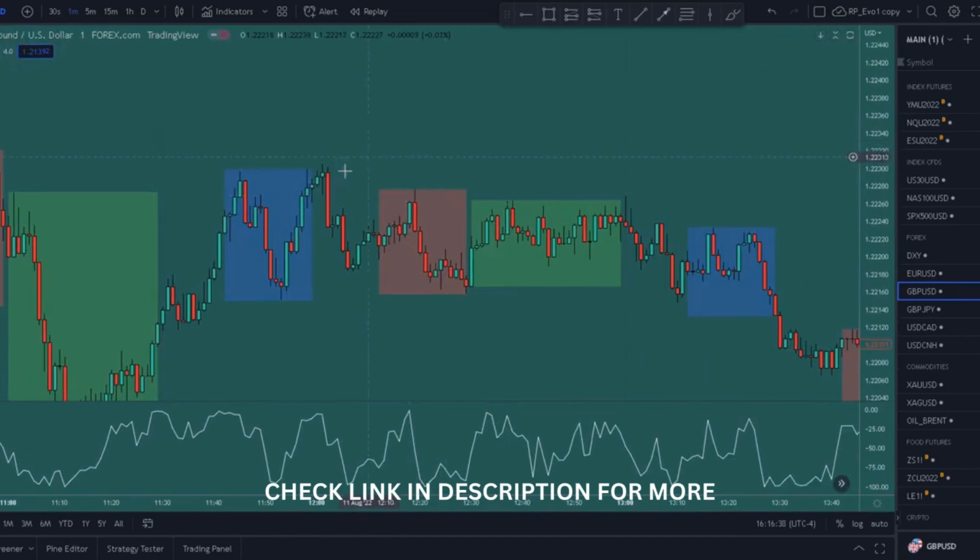And also look at this imbalance: at the time it was created, the Williams RSI was here, but when the price came back to rebalance this, it was slightly higher than here. So this is also another tell that this can in fact play out in your favor. That's the idea.